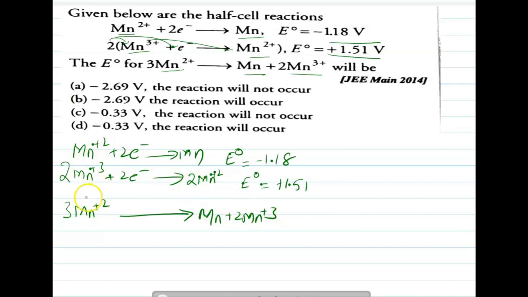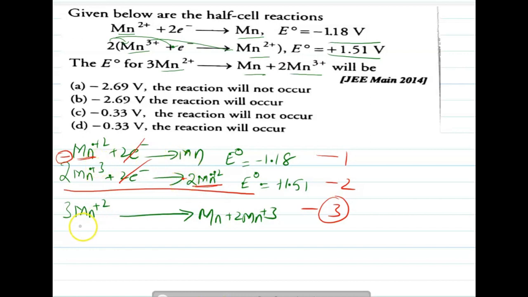As I said earlier, this is equation 1, equation 2, equation 3. You need to get equation 3 using 1 and 2. So how can you get equation 3 from 1 and 2? Check if you subtract 1 minus 2, is there any chance? The 2 electrons will get cancelled, there will not be any electron. So you will get Mn plus 2 on this side and 2 Mn plus 2 on the other side.